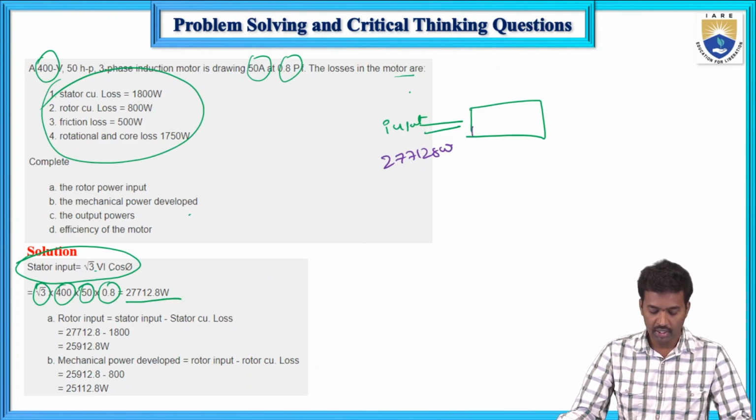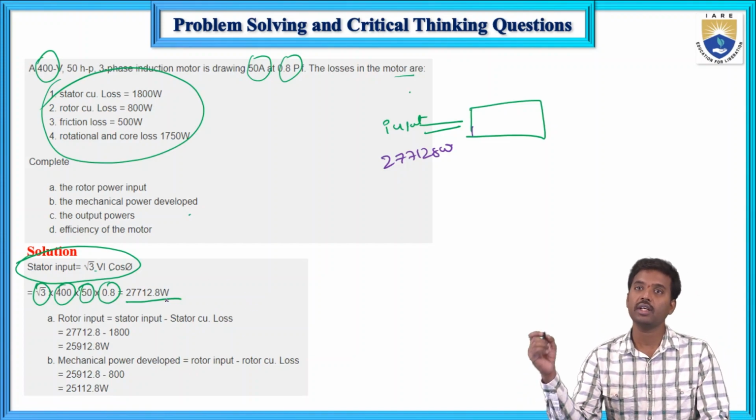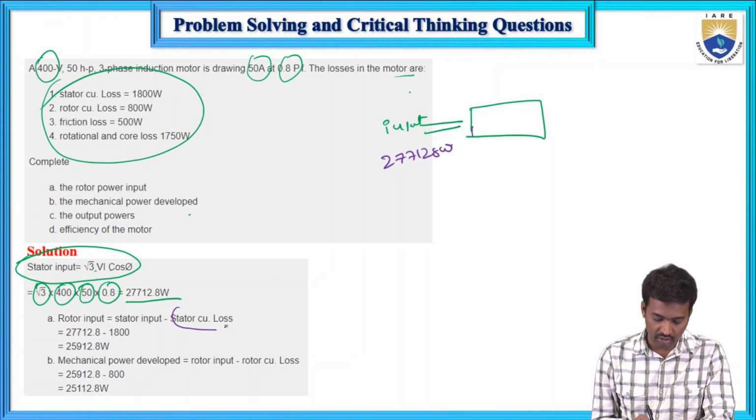Now if you give input to the stator of the induction motor, there will be stator copper losses. The stator is a winding that carries current, so there are I square R losses, the stator copper losses.